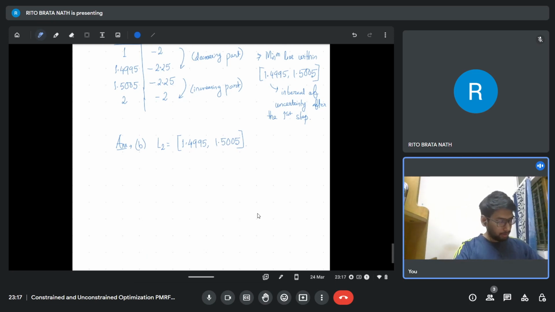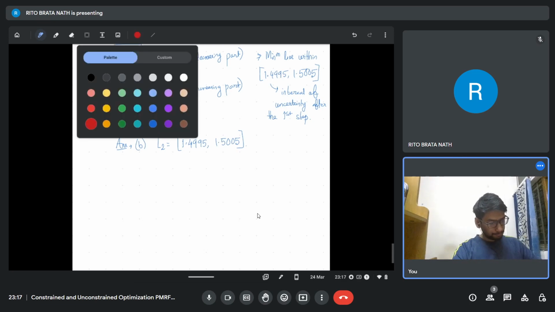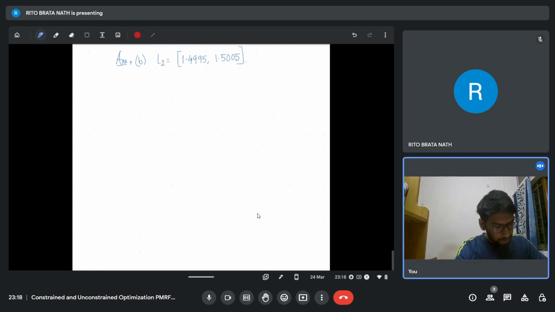Okay, so let me start the 6th problem. The 6th problem is asking you for the reduction rate of the initial interval in the Fibonacci method.